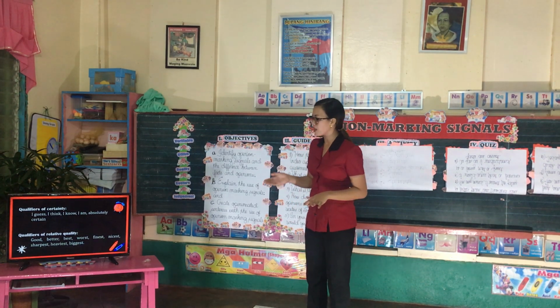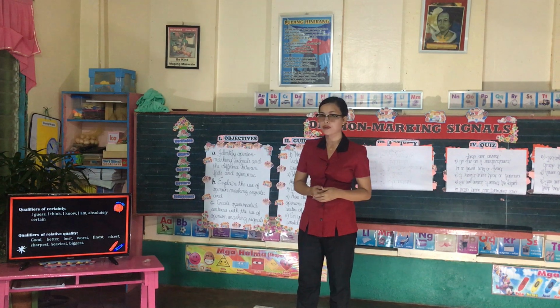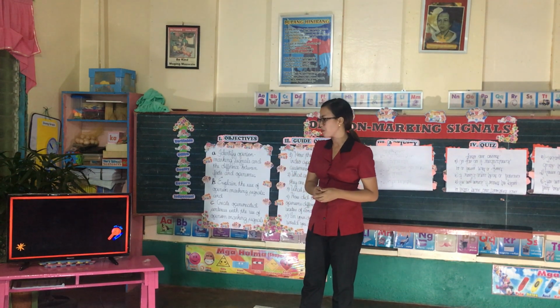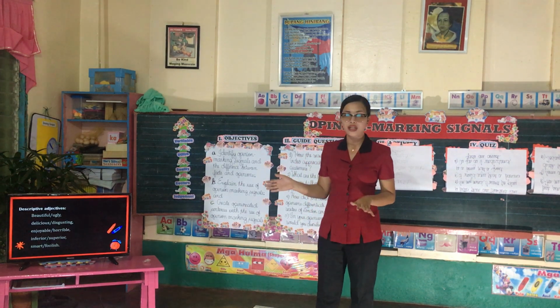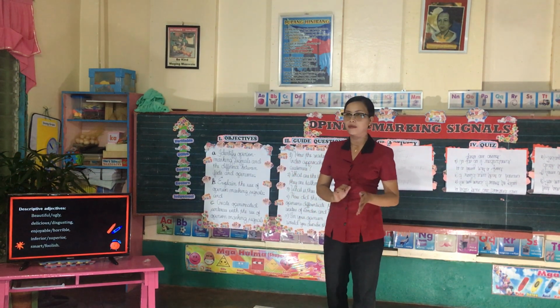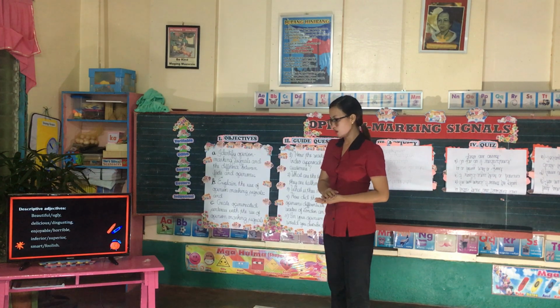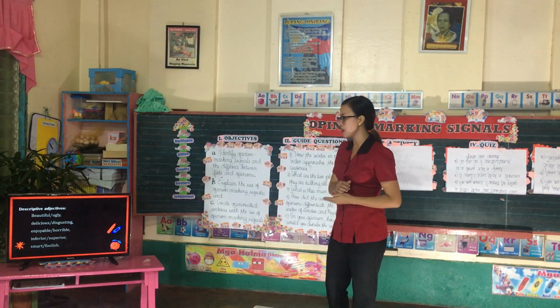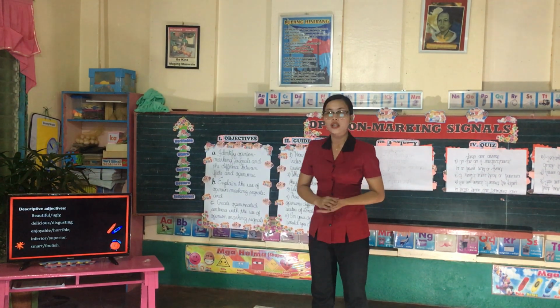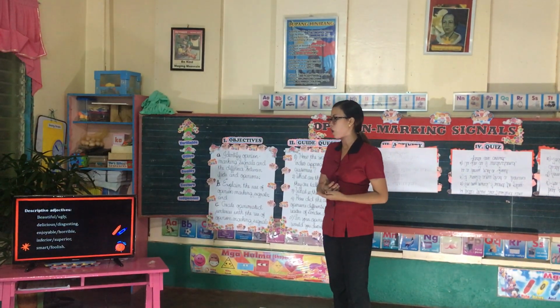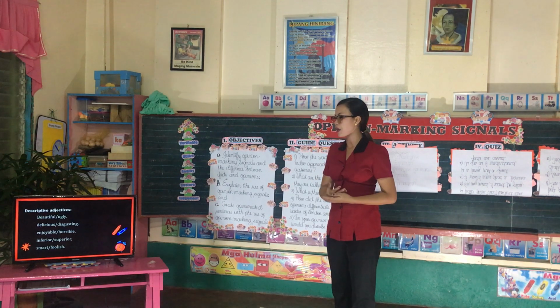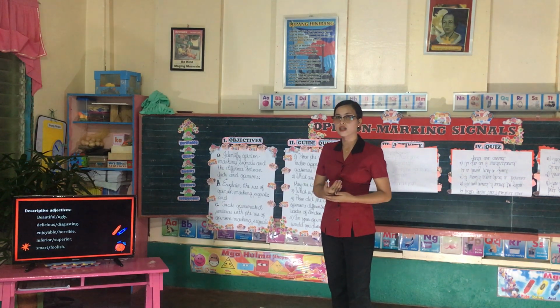So aside from that, class, we also have the descriptive adjectives. You can also use these words when you are making a statement or opinion. You have beautiful or ugly, delicious or disgusting, enjoyable or horrible, inferior or superior, smart or foolish.